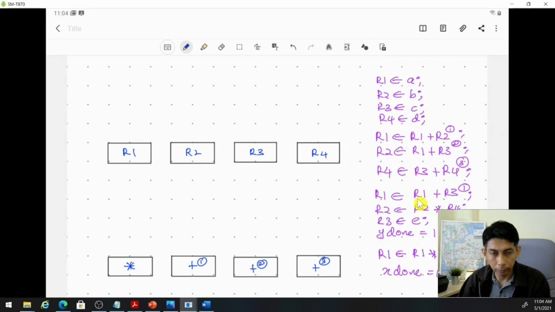And here we have another one, which is the multiplier. So we have 3 inputs for R1. And remember, because this is a register, only 1 input is allowed to enter the register at one time.